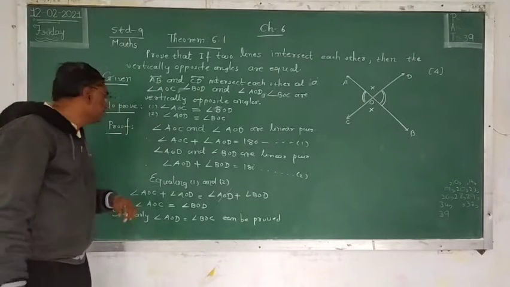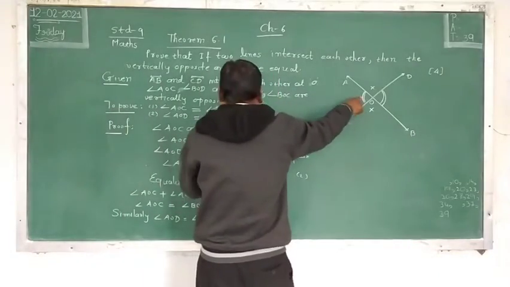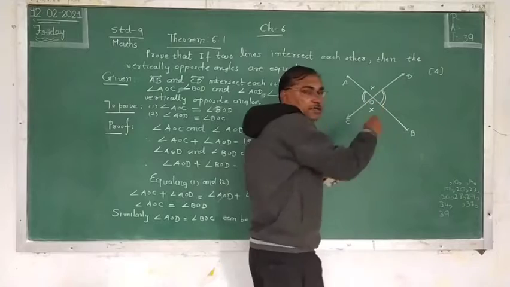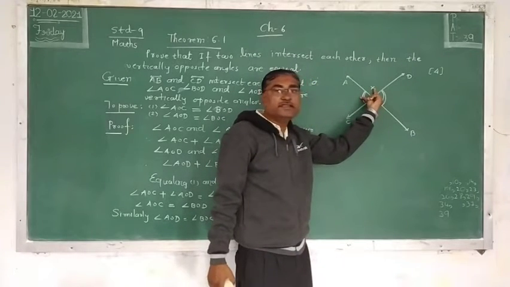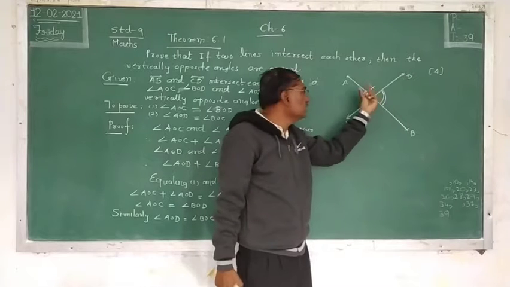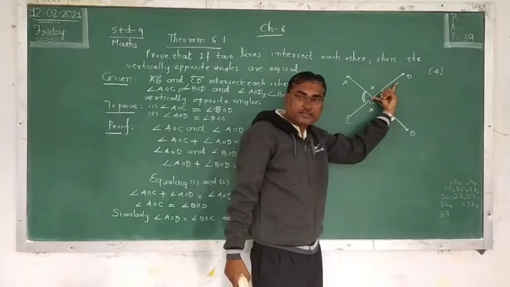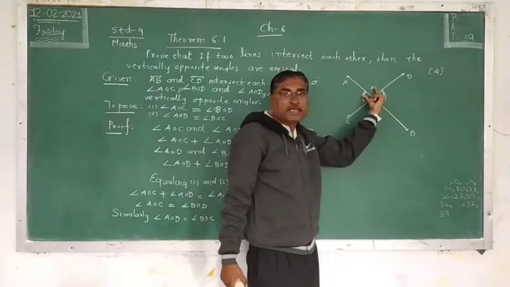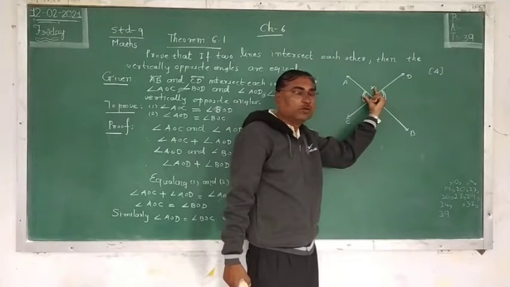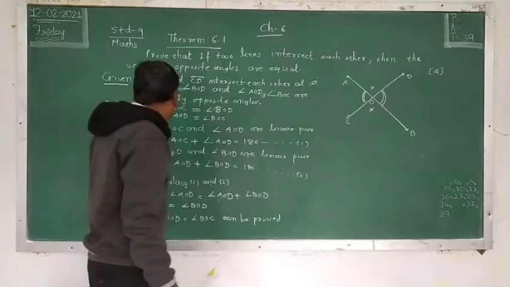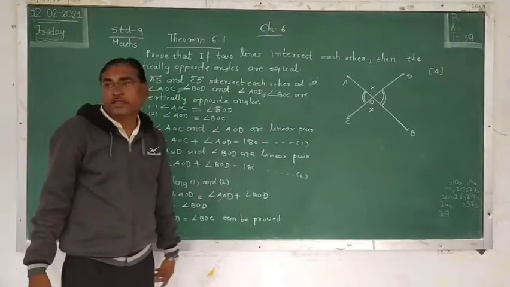Now from the figure, angle AOC is this angle and angle AOD is the adjacent angle. These angles are adjacent and form a linear pair, because this ray is common and the remaining two rays are opposite. So we can write angle AOC and angle AOD are a linear pair.